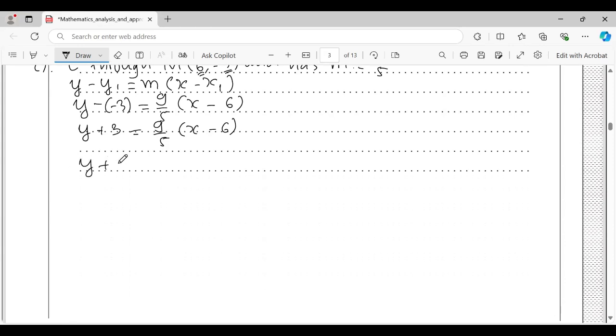It becomes y plus 3 equals 9 over 5 x minus 9 multiplied by 6, which is 54 over 5.